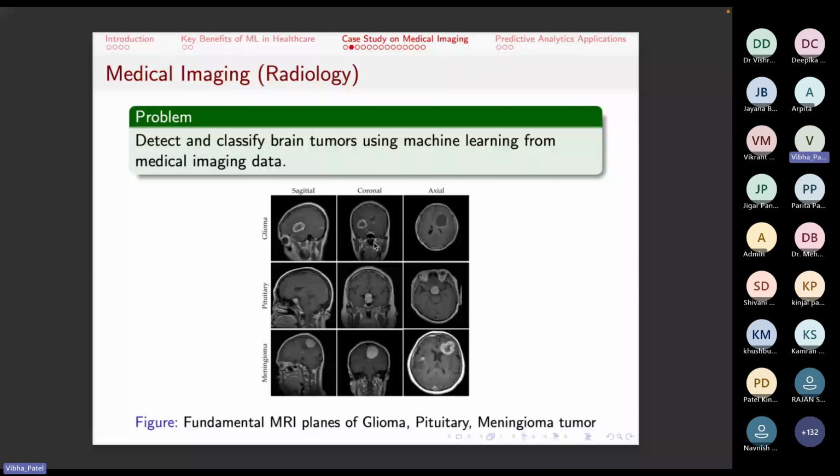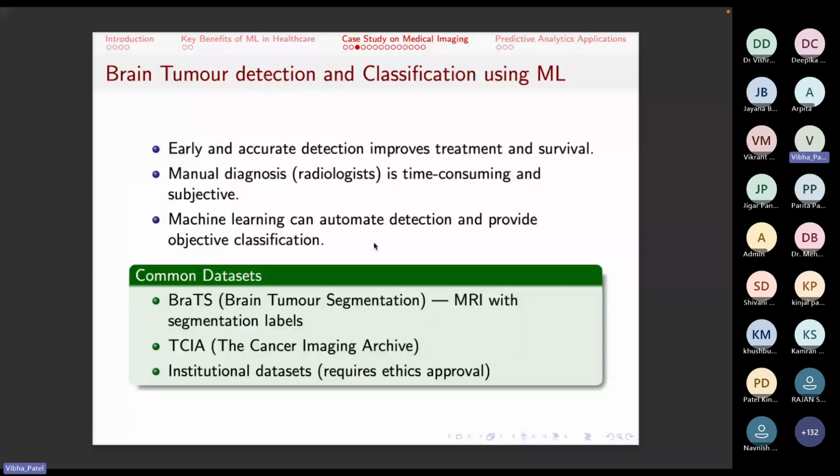Now, given these broad categories of tumor and its scan, if there are a huge number of patients and the doctor is not in a position to spare sufficient time, then a patient may remain unattended. The doctor might be busy with treatment.